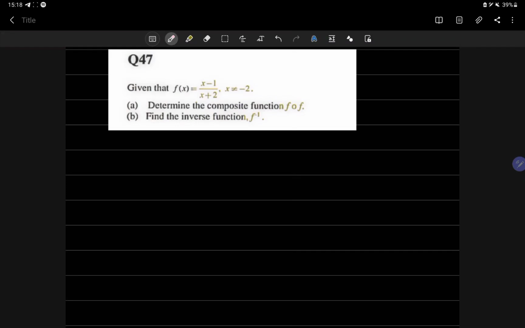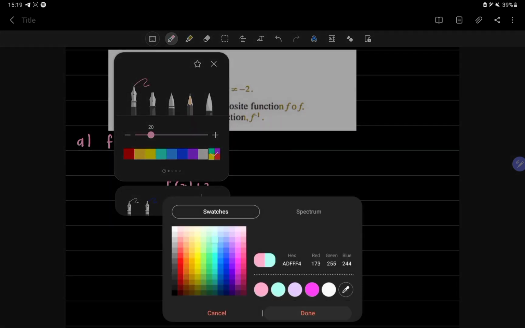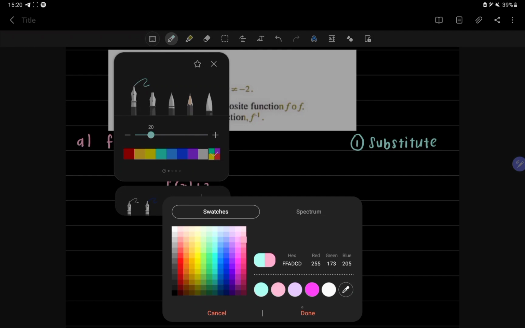Now let's jump into our main question of the day. Given f(x) equals (x minus 1) over (x plus 2), where x is not equal to negative 2. In question A, they demand us to find ff(x). Our first step is we substitute the given function into our newly created function.